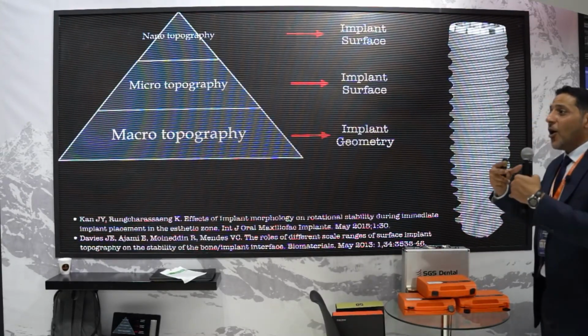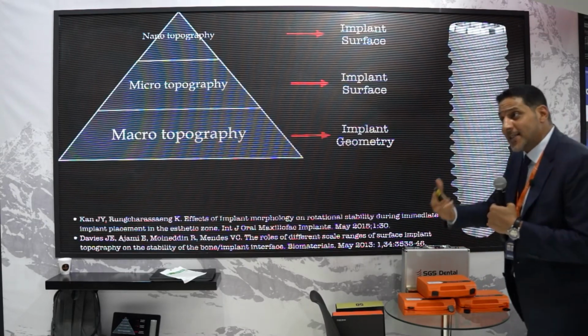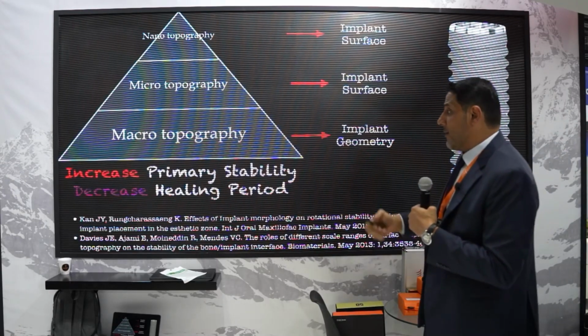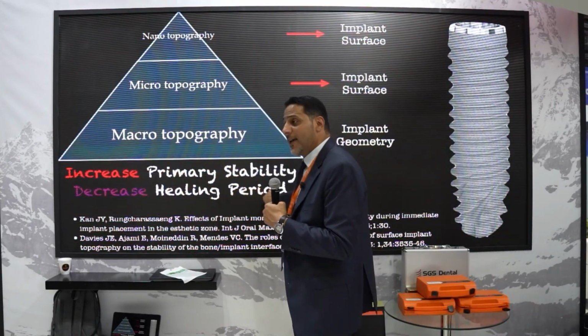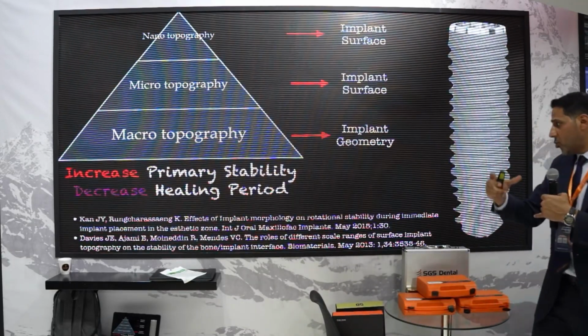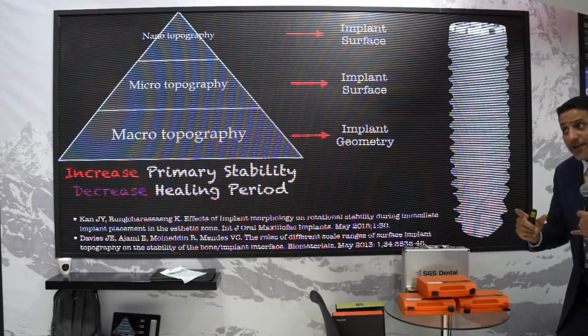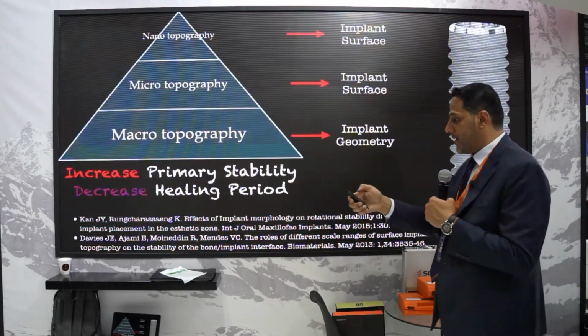By this time, all this surface treatment increased the osseointegration and the primary stability and decreased the healing period. Okay, that's why it shifted from 1 day to 1 week to load the implant. It's not only the first day. You have up to 1 week to load the implant.